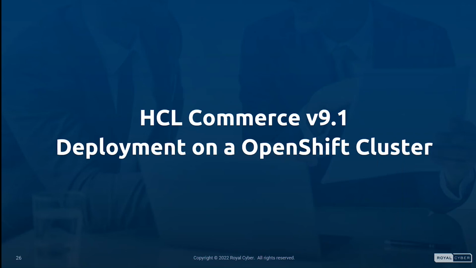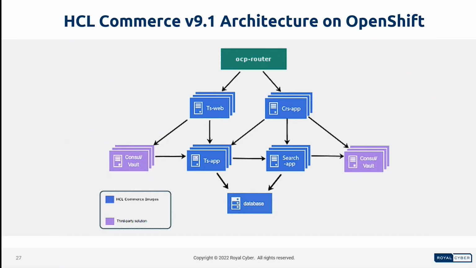So now we have HCL Commerce version 9.1 deployment on OpenShift architecture. In this architecture, we can see the web server is the first point of contact for incoming HTTP requests for our e-commerce application.